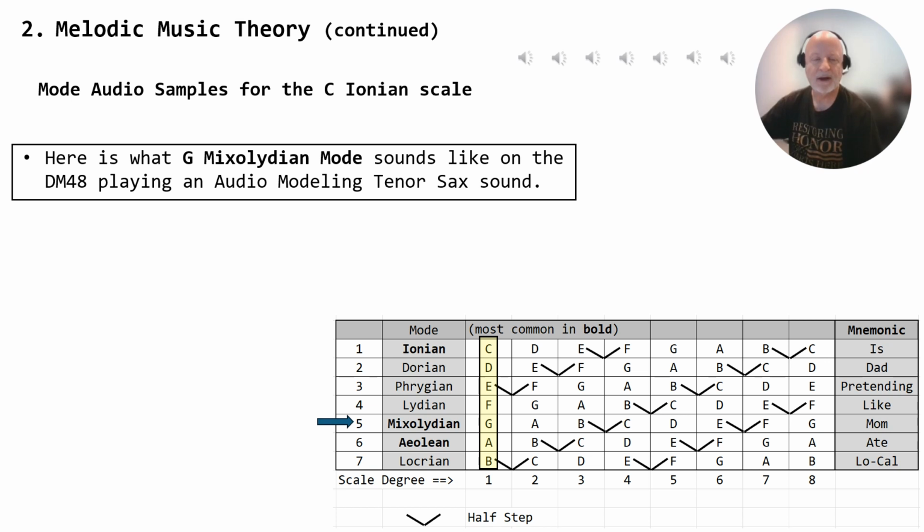It will all be explained very soon. But we're going up to the Mixolydian mode 5, and this one starts on the note G, which is the 5th note of the C Ionian scale, right?